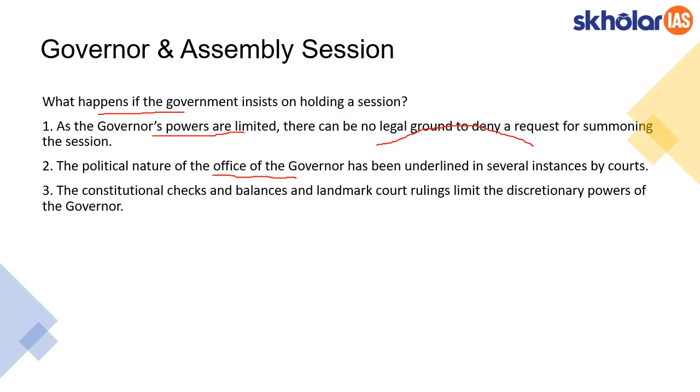And also the checks and balances put in place by the constitution limit the discretionary power of the governor. So the article basically says that the discretionary power of the governor in summoning a house is very limited, and if the cabinet enjoys the majority, then it is not possible for the governor to deny any request raised by the cabinet for summoning a house.